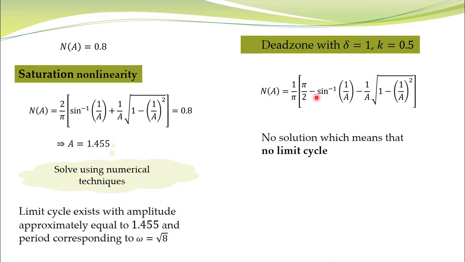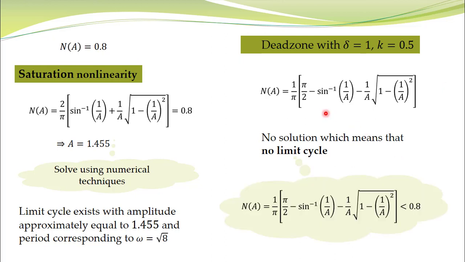It means that the maximum value of the expression inside the brackets is pi by 2. And what is the maximum value of this N of A? That is 0.5. The maximum value is when this pi cancels out with this pi, and 1 divided by 2 is 0.5. 0.5 is the maximum value of this thing, and that means that this expression set equal to 0.8 will have no solution, because this thing is always less than 0.8.